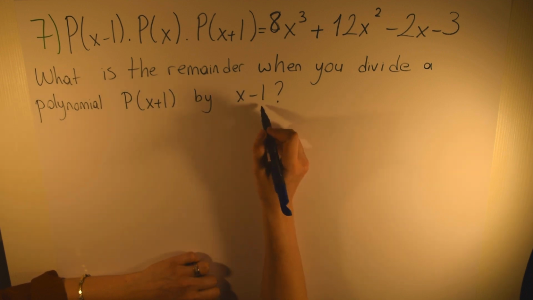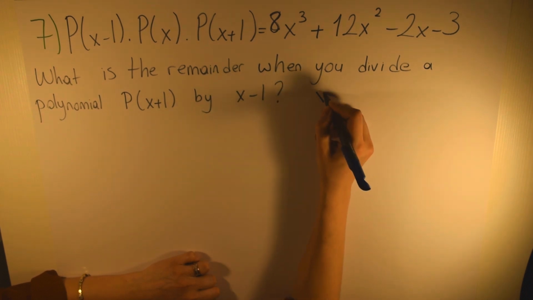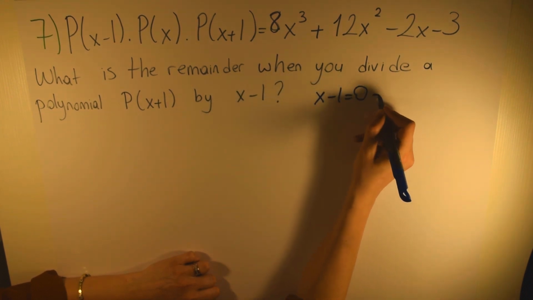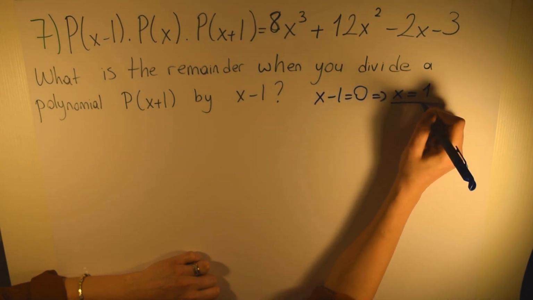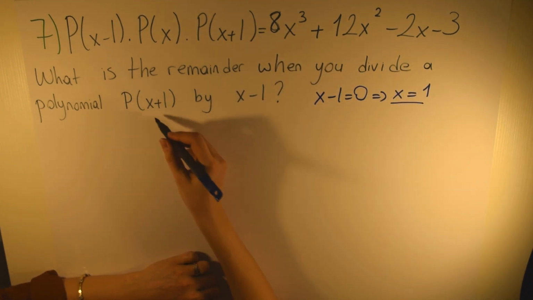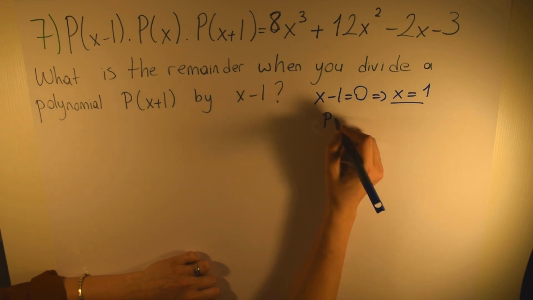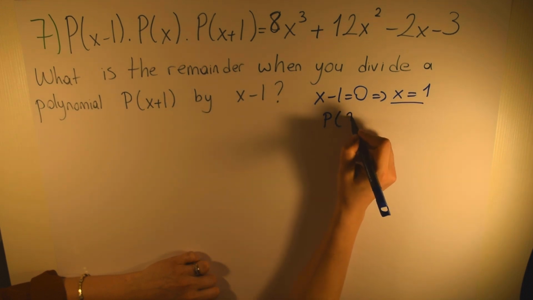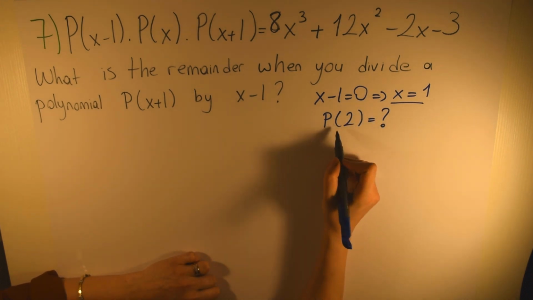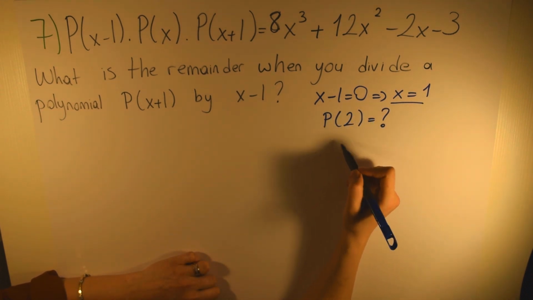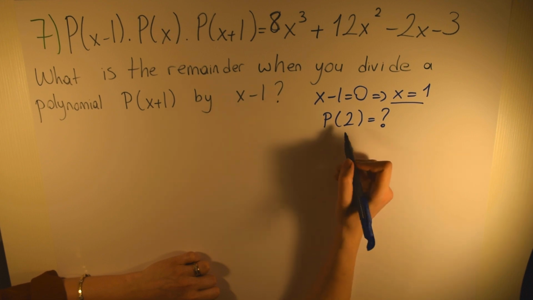Whatever you have, you just start with this. So when we make this equal to 0, we will get from here x is equal to 1. When you put this one here, so p(1) plus 1, we will get from here 2. So p(2) is asked.